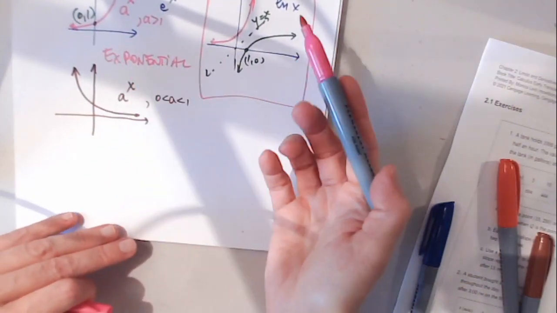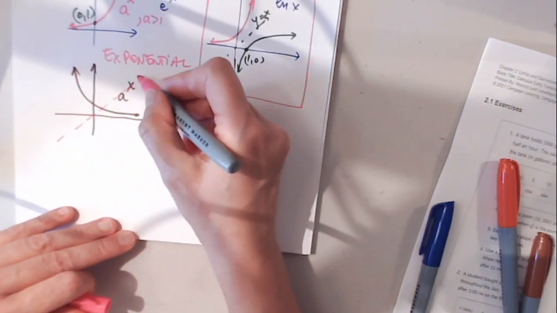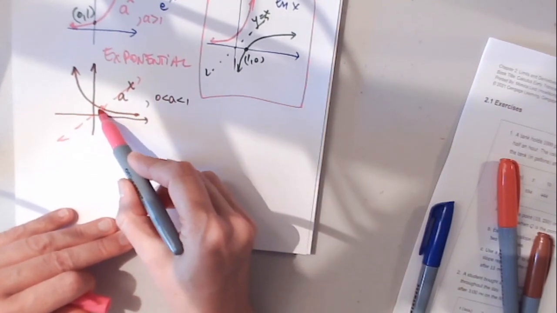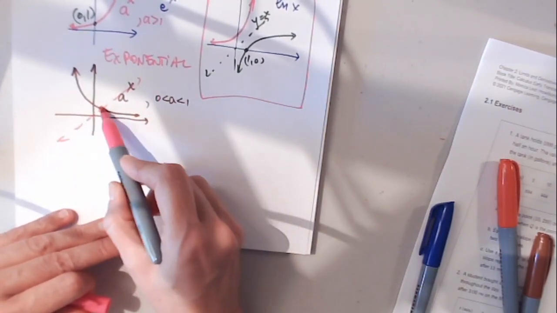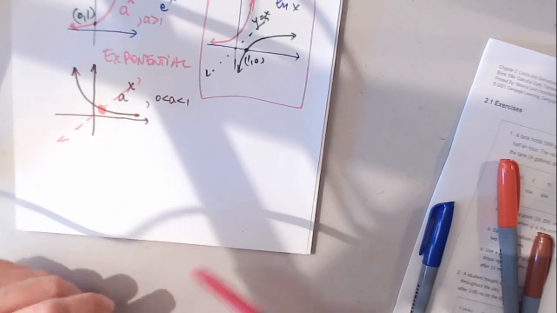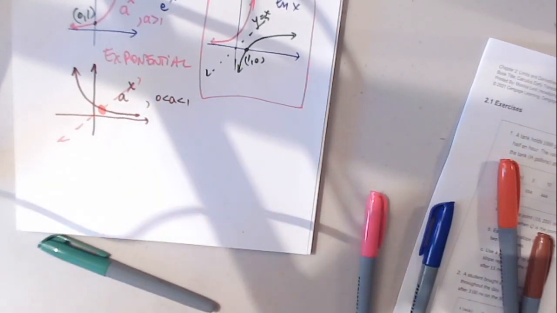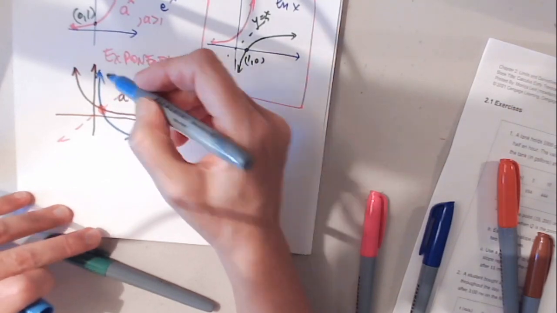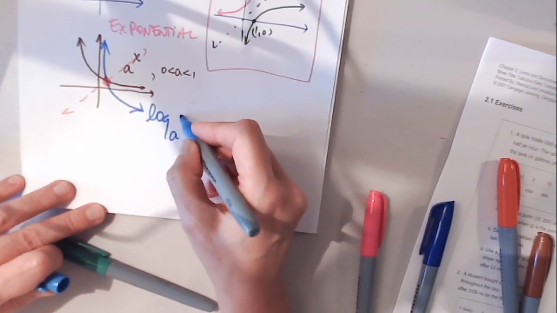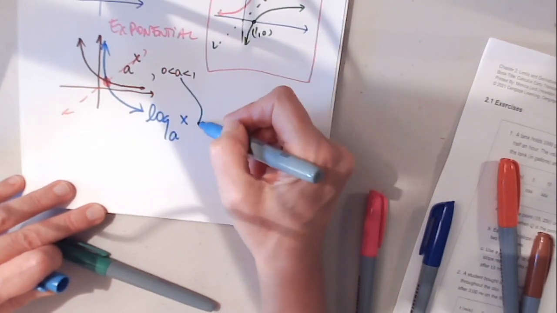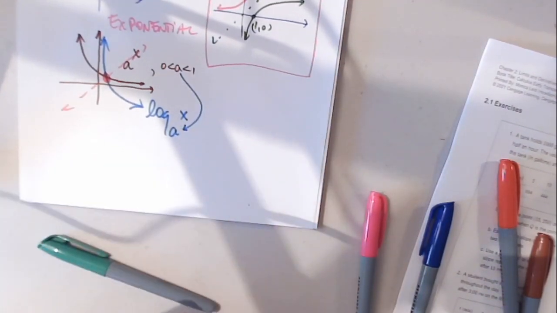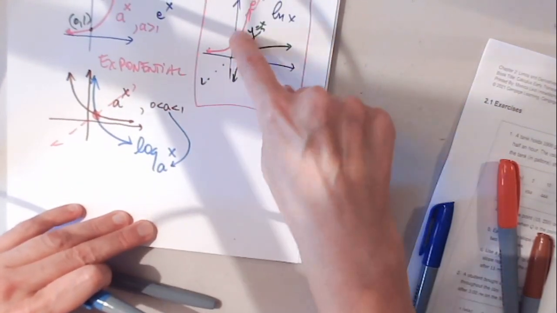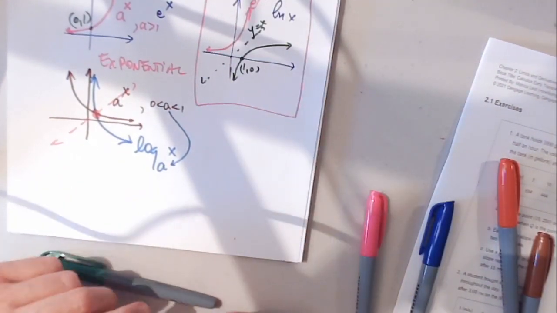When the base is less than 1 for the log function, at the point where the function crosses y equals x, its inverse must cross at that same point. So this is log base a of x with the same base between 0 and 1. As you notice, this is decreasing and so is this. This is increasing and so is this.